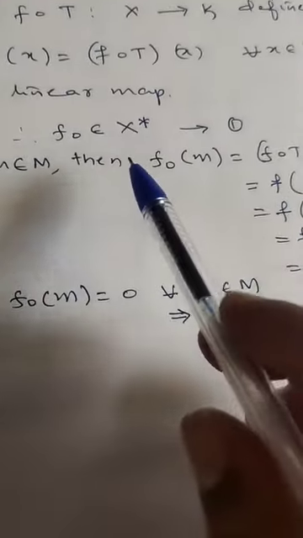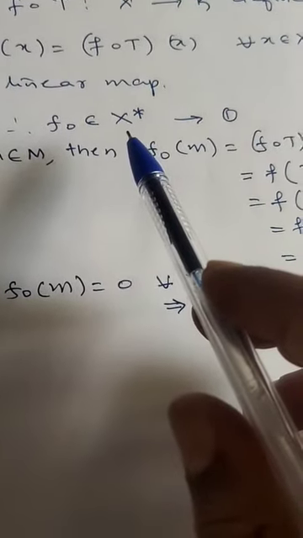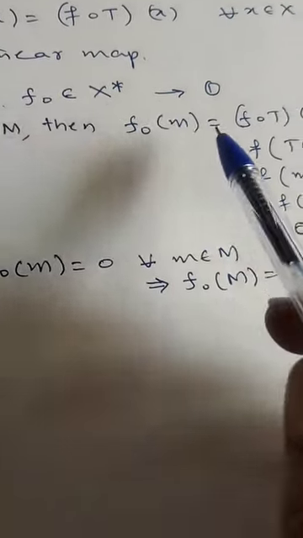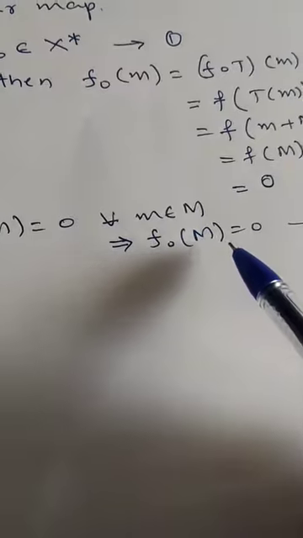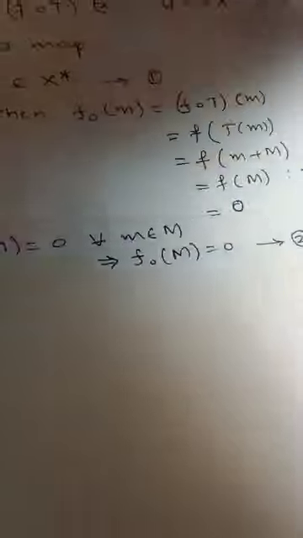So in 1, we have shown the existence of a function on X, that is f naught belongs to X star, and here we have shown f naught of m is equal to 0. Let's prove the third condition.